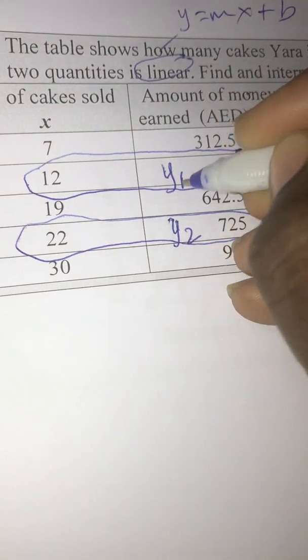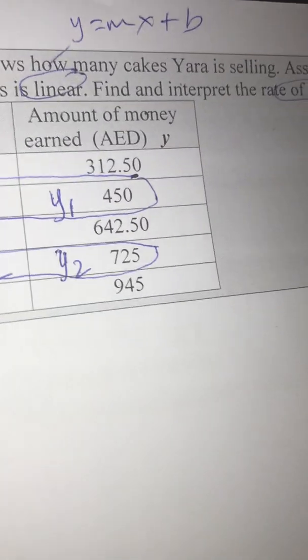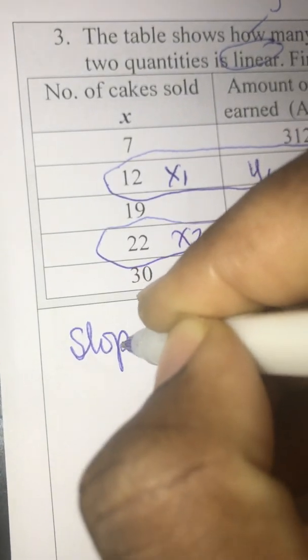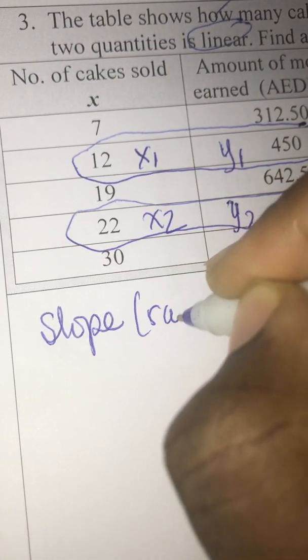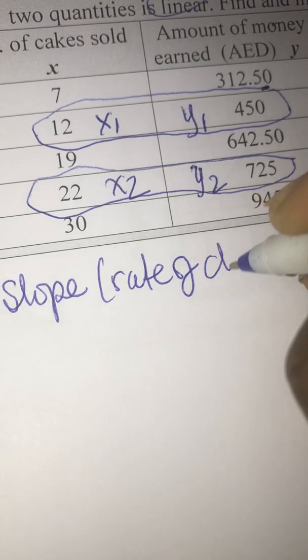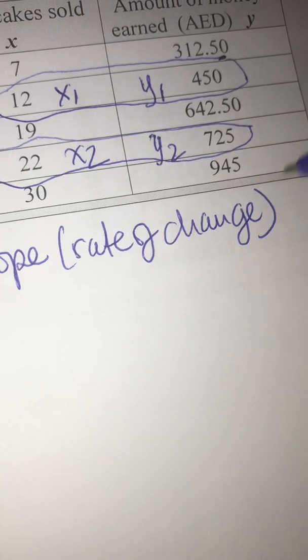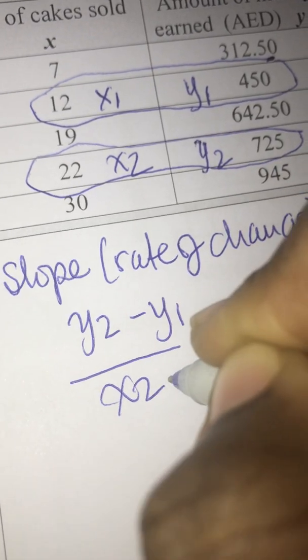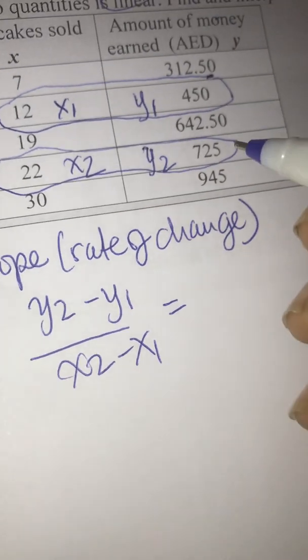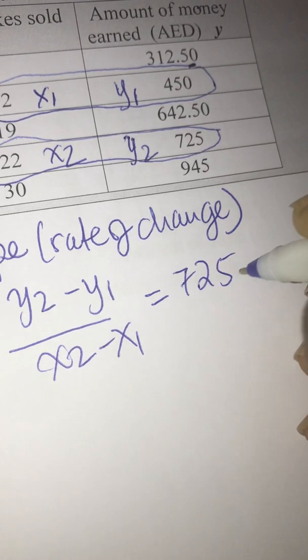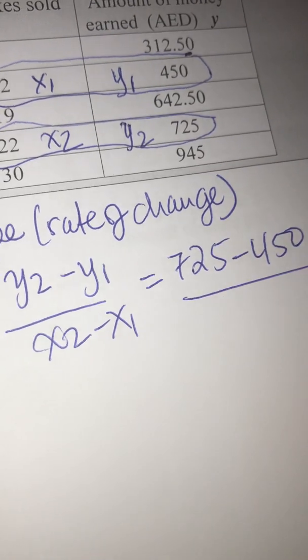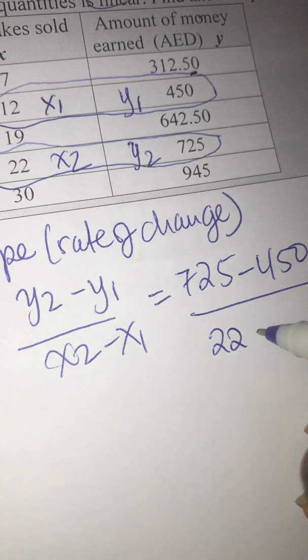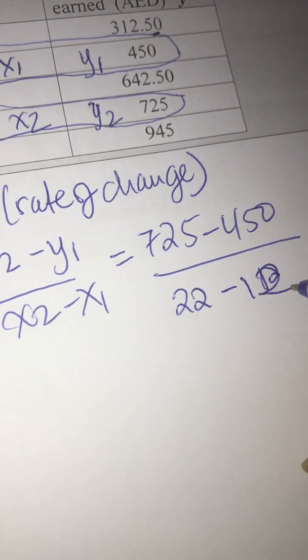y2, y1, x1, x2. So let's find the slope, or rate of change: y2 minus y1 over x2 minus x1. 725 minus 450 over 22 minus 12.